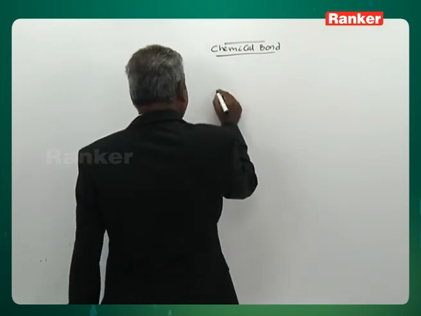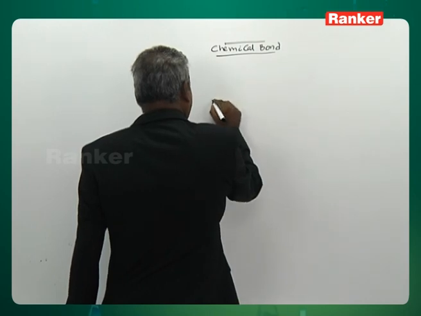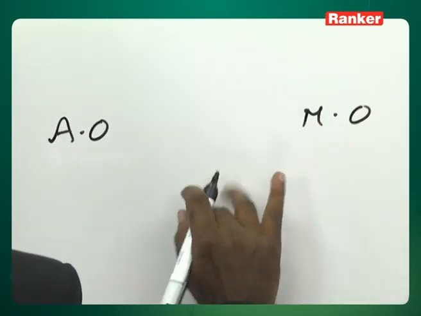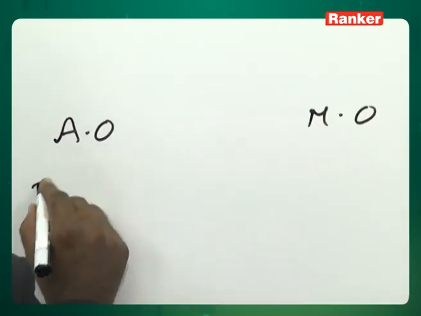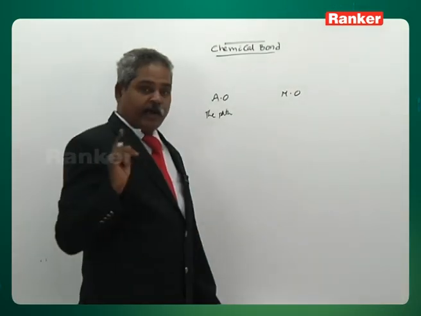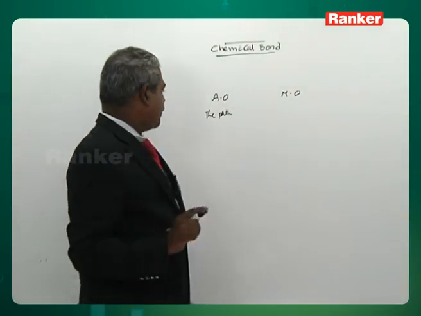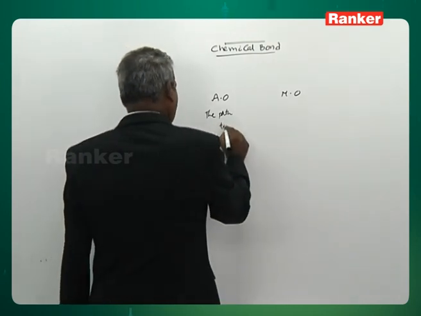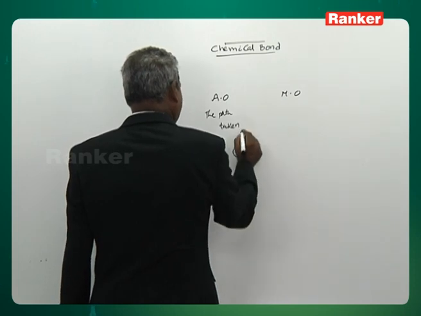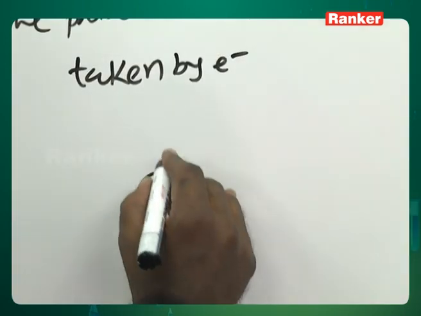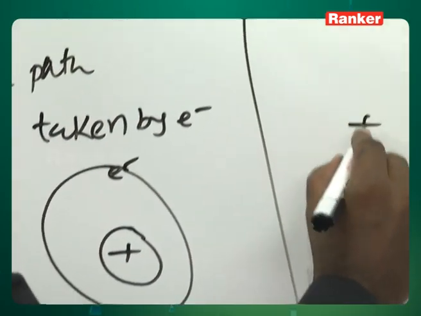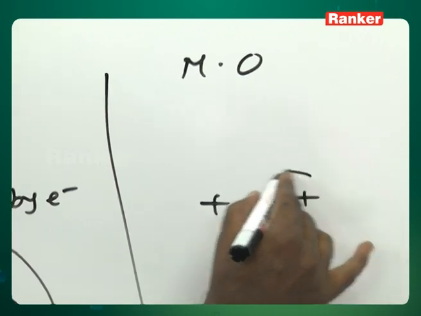The bonding molecular orbital. Okay, what is an atomic orbital? What is the difference between an atomic orbital and a molecular orbital? The atomic orbital is the region or space occupied, the path taken by an electron around one nucleus. Here it is the path taken by an electron around two nuclei.